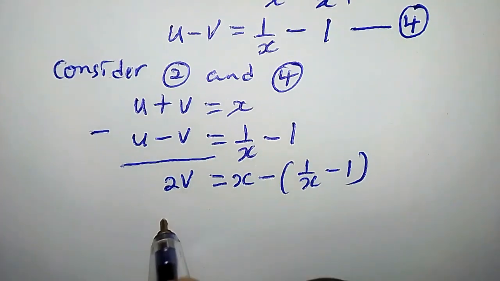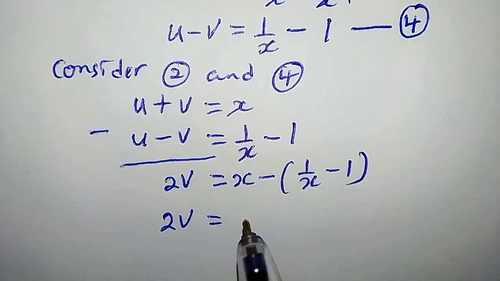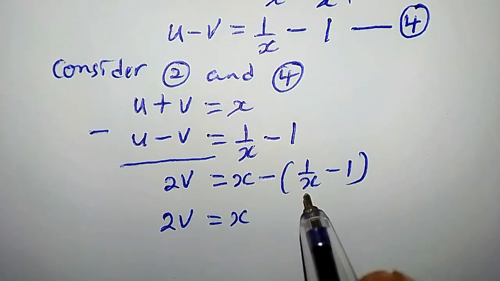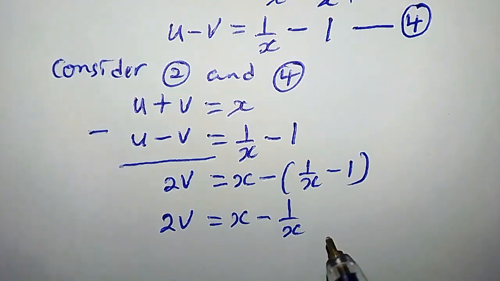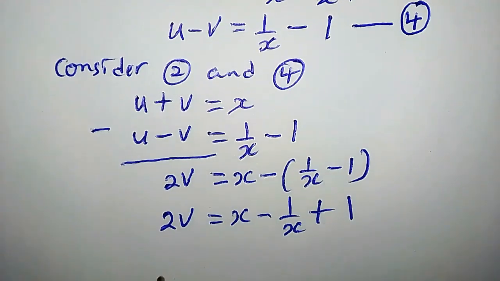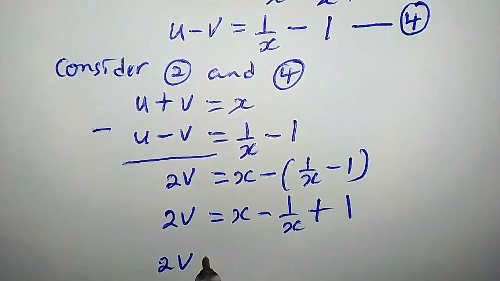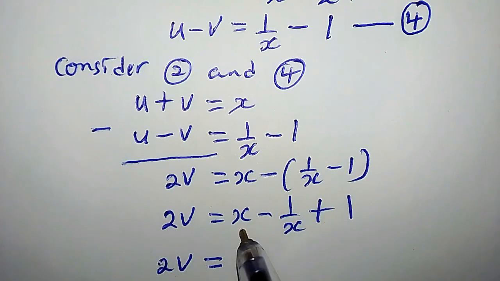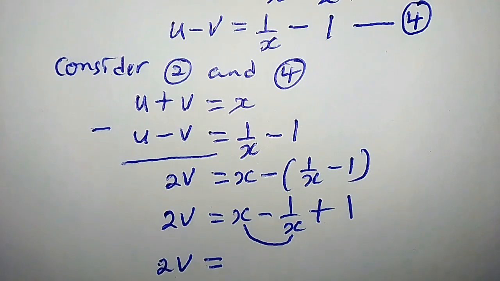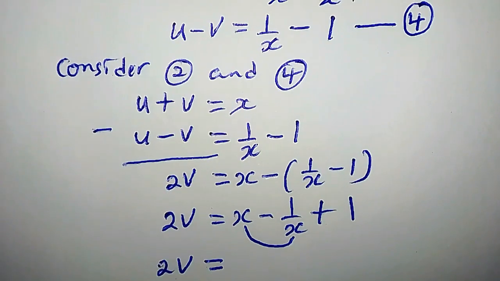So we have 2v equal to x minus 1 over x minus minus 1, that is plus 1. So 2v is equal to, you will notice that this x minus 1 over x is what? That is v square. Let me show you.